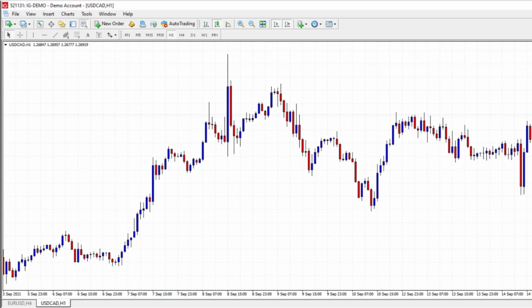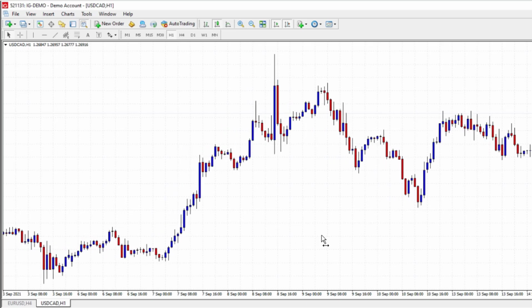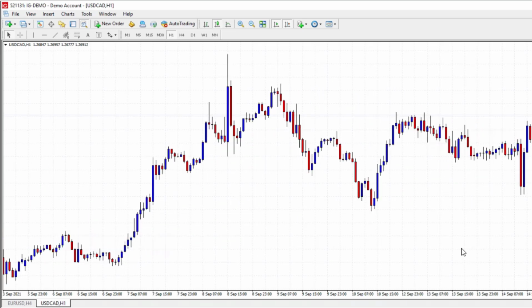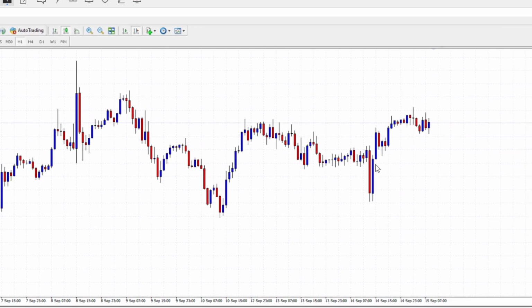Okay, so now I've got a template, and I can see what's going on in the chart, and we're now going to start looking for price action regularities, or the kind of price action that we want to trade. The first thing I normally look for on a chart like this is the long candles. A long candle is quite obvious because it's literally a long candle.